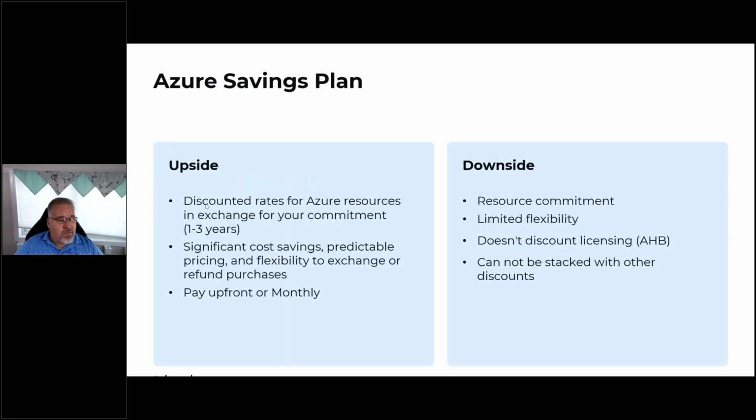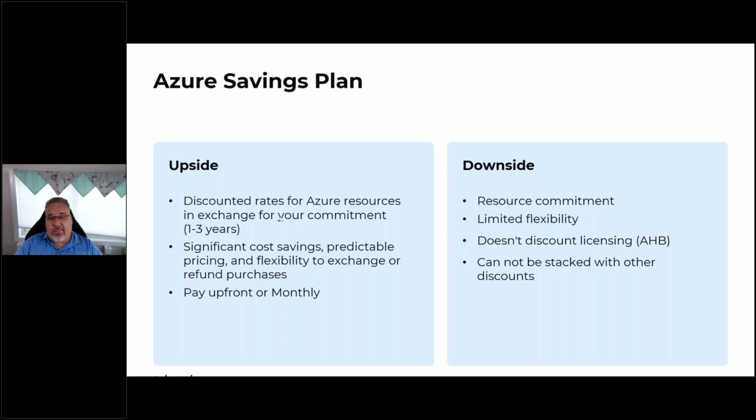So savings plan. So you get a discounted rate for Azure resources in exchange for your commitment on a 1 to 3 year term. So you're saying to Microsoft, for 1 or 3 years, I'm going to commit to using these resources because I'm in the cloud. You get a really good savings. You can pay upfront or monthly.